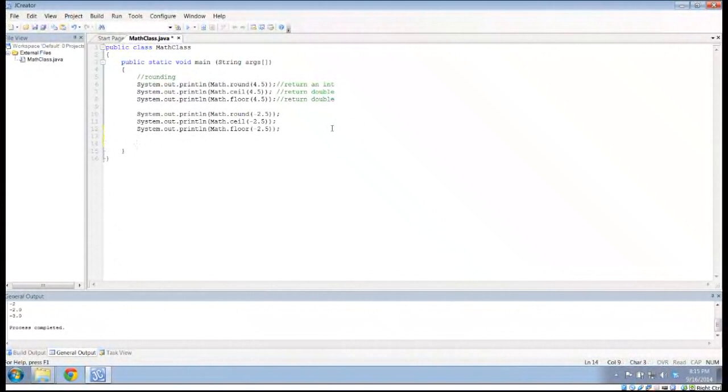Another important part of the math class is to be able to come up with random numbers.